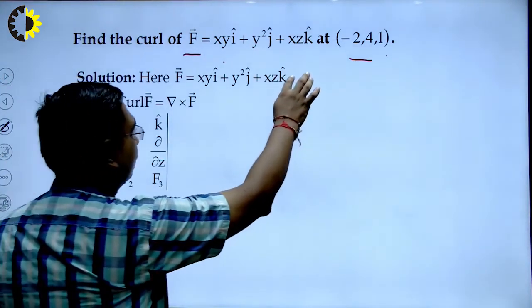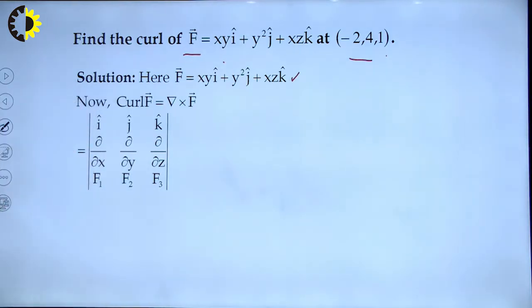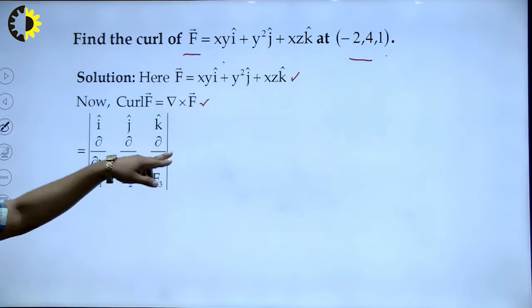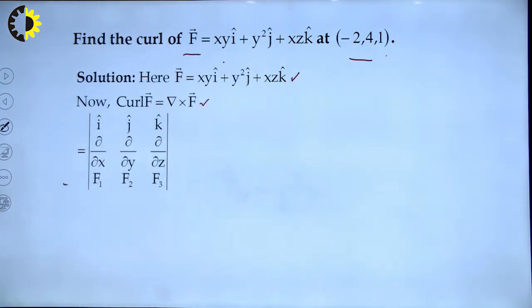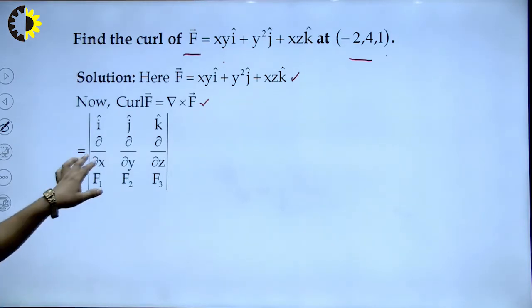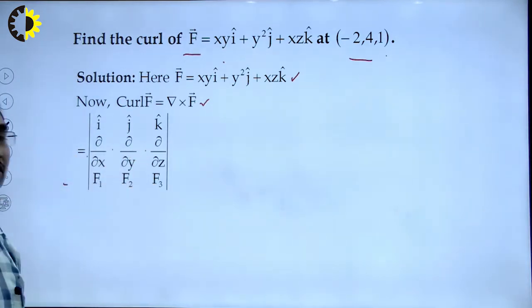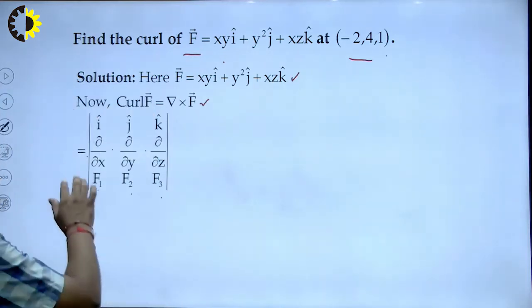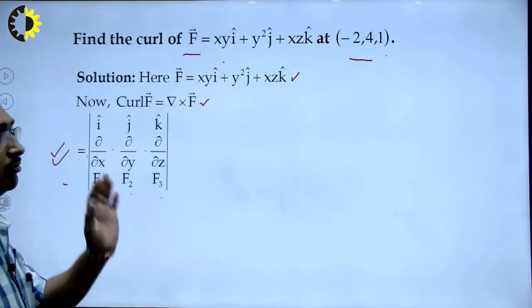Curl of a vector field is del cross f, which can be written in the form of determinant i, j, k in first row, del over del x, del over del y, del over del z in second row, and f1, f2, f3 components of f in third row. This will be most used formula to calculate curl.